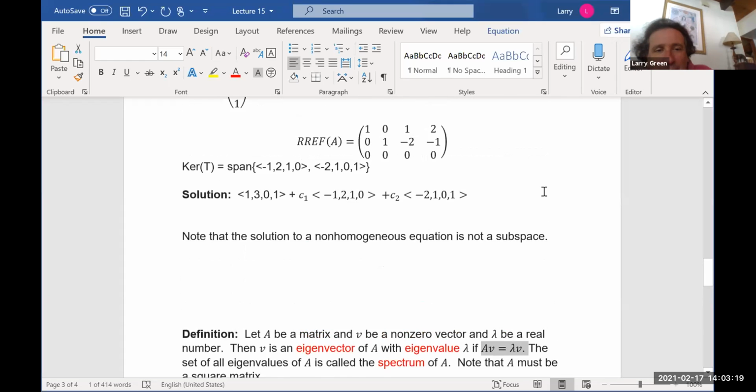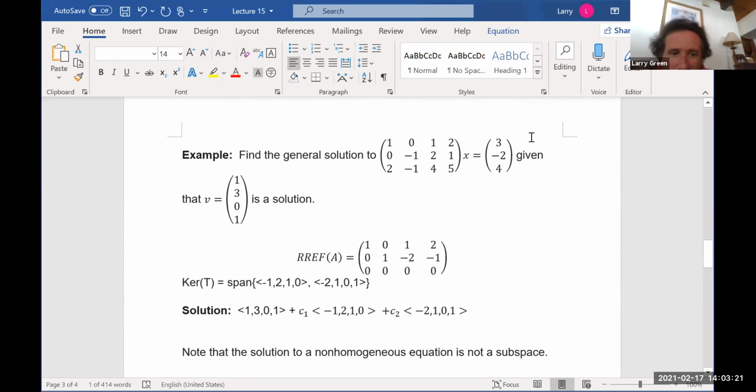Maybe I'll scroll up and give you an idea of what I'm talking about. Here we had a 3x4 matrix, and x was a 4-dimensional vector, right? We could plug in this v and it works, but when you multiply, you get a 3-dimensional vector out. Do y'all see that happening?